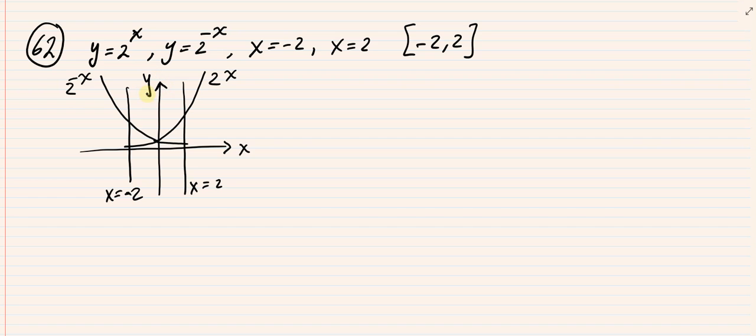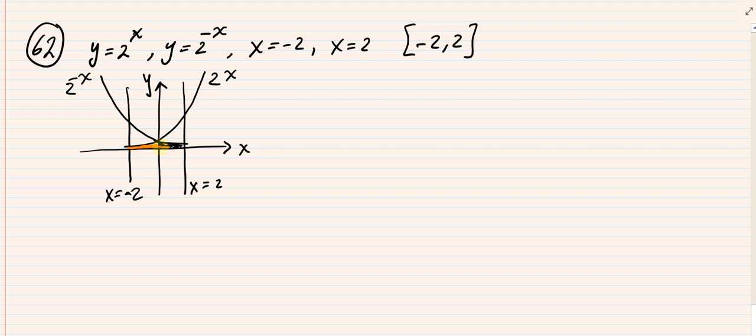Again, let me read the question, number 62. The area of the region bounded by these graphs and between those two lines. It looks like this is the graph. That's the part for 2 to negative x and x equal to 2. And this is the other part, right?